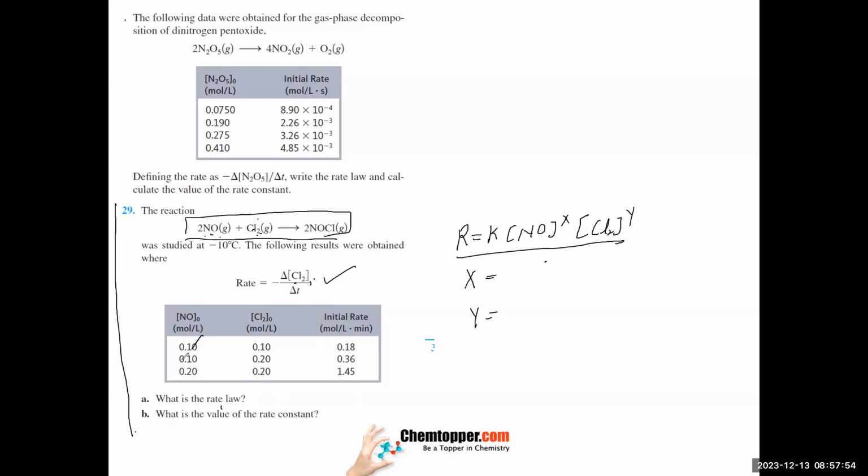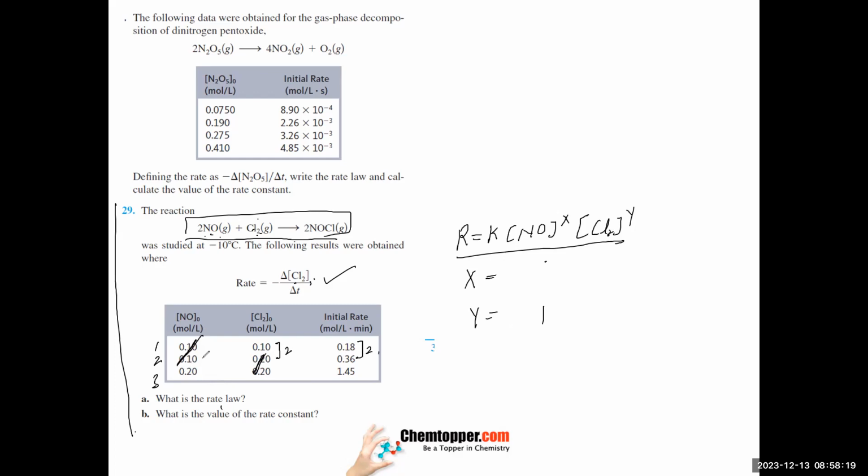NO, experiment 1 and 2 and 3. NO cancelled. Cl2 doubled, right? And this initial rate doubled. So what is X? Oh, sorry, what is Y? This Y, Cl2. Y is 1. Now pick up experiment 2 and 3.